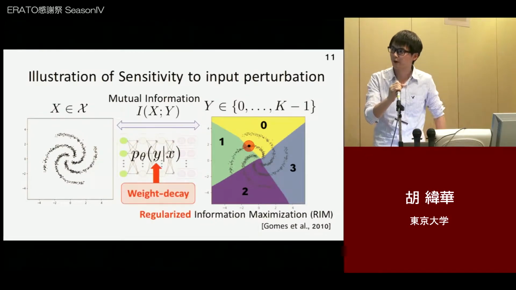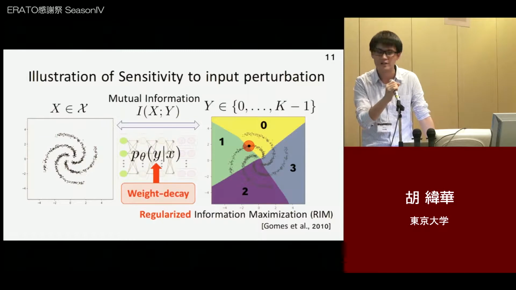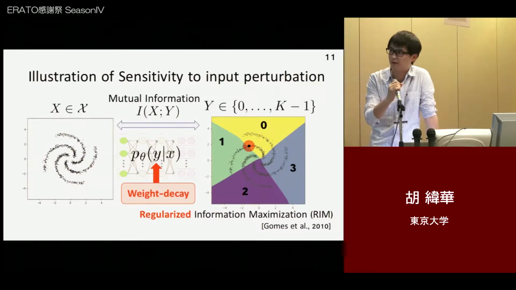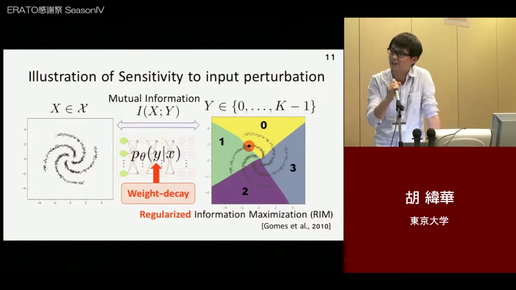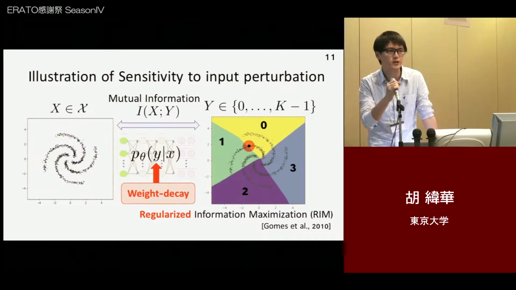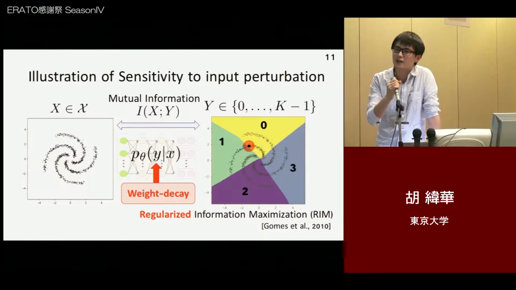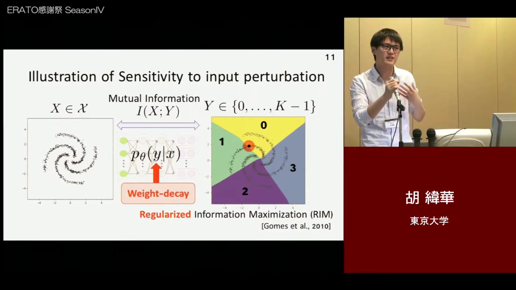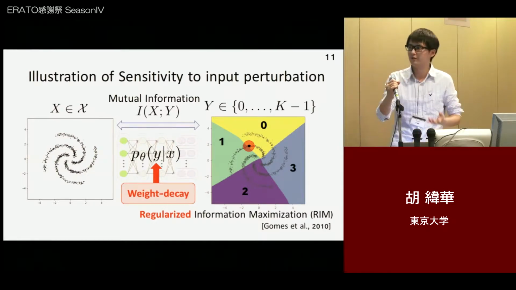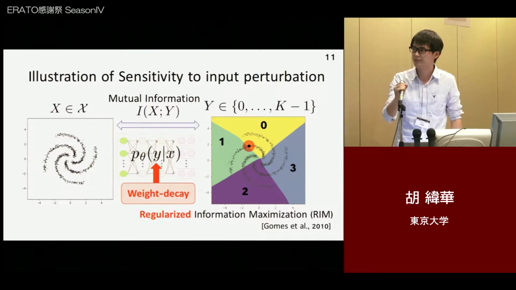So to mitigate this problem, regularized information maximization was proposed. And in this framework, in addition to maximizing the mutual information, it also tries to regularize this mapping function by incorporating the prior information of what the mapping function should be.